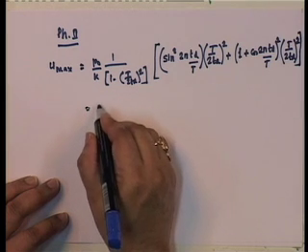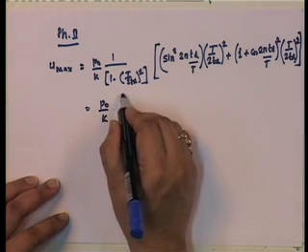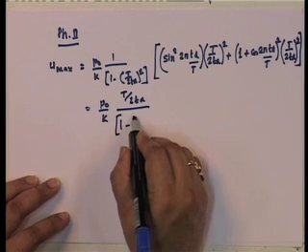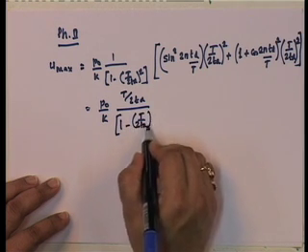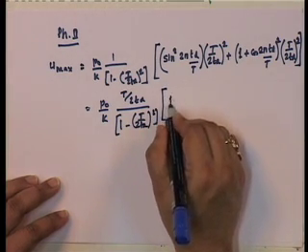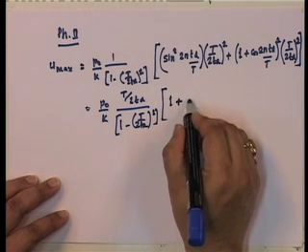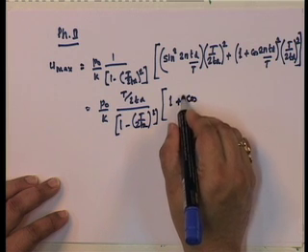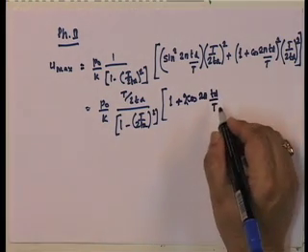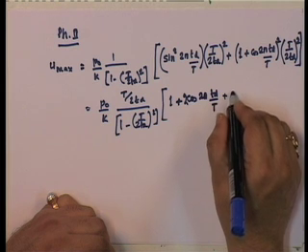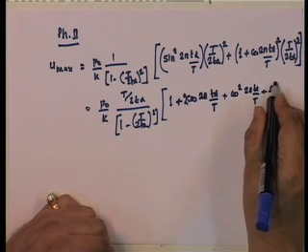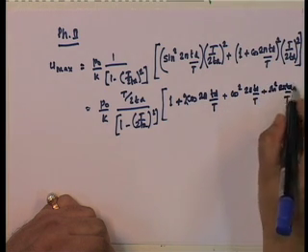So, this becomes again P naught upon k, I will put t upon 2 t_d outside, inside 1 minus (t upon 2 t_d) squared, and inside I have 1 plus 2 cosine 2 pi t_d by t, and then plus cosine squared 2 pi t_d by t plus sine squared 2 pi t_d by t.